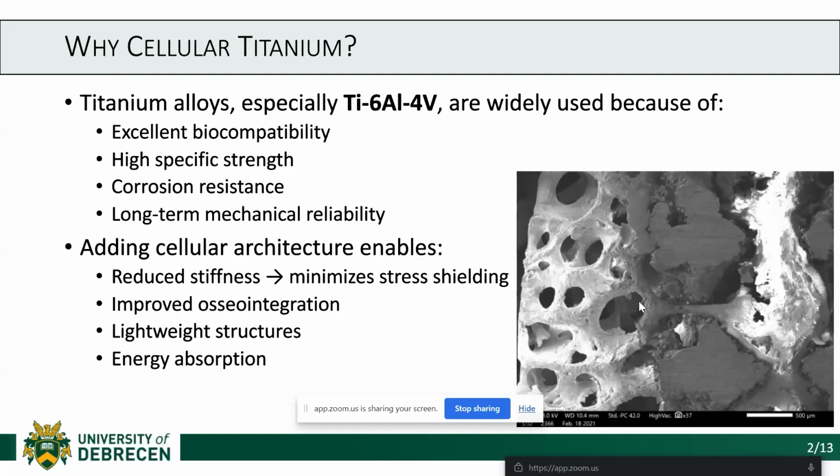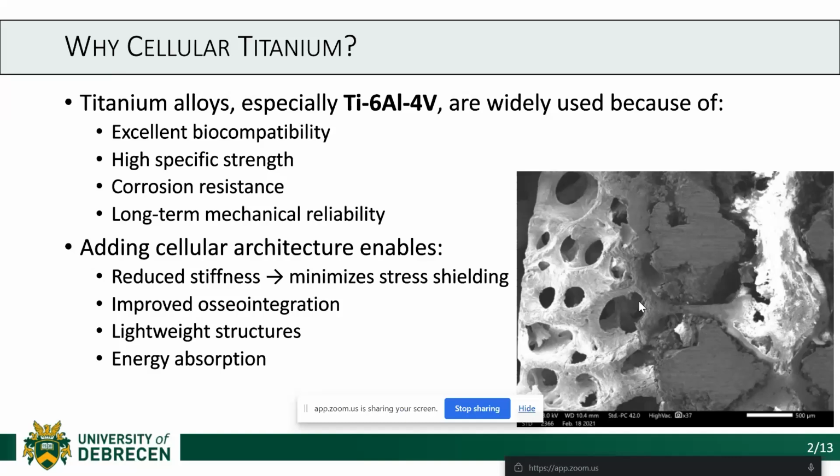Titanium has several excellent properties like biocompatibility, high specific strength, and corrosion resistance. That's why we use titanium for biomedical applications like implants, and the cellular structure, especially in the case of implants, enables osseointegration.